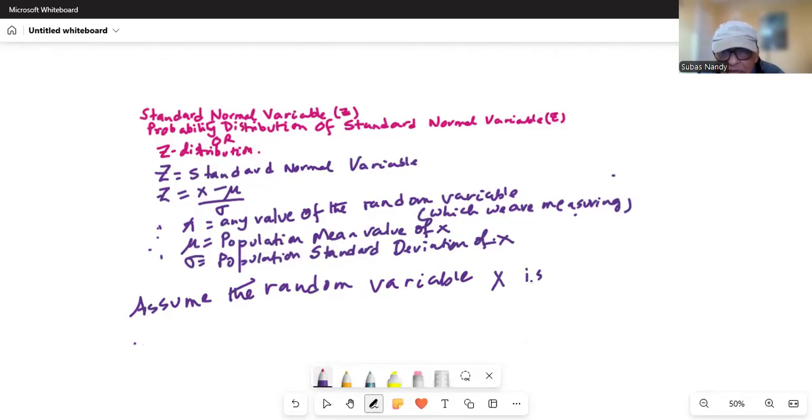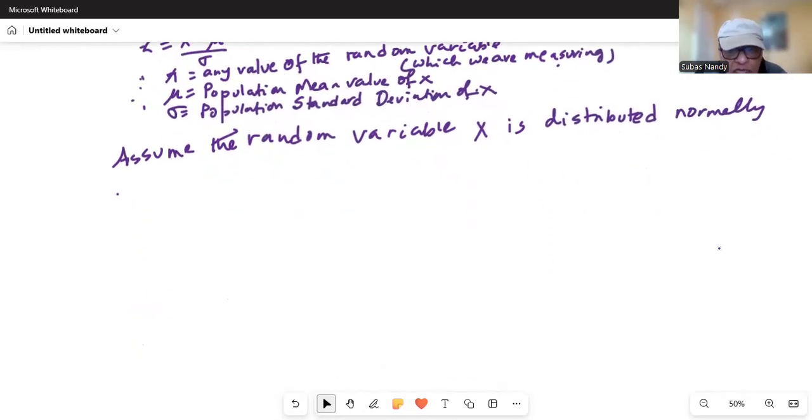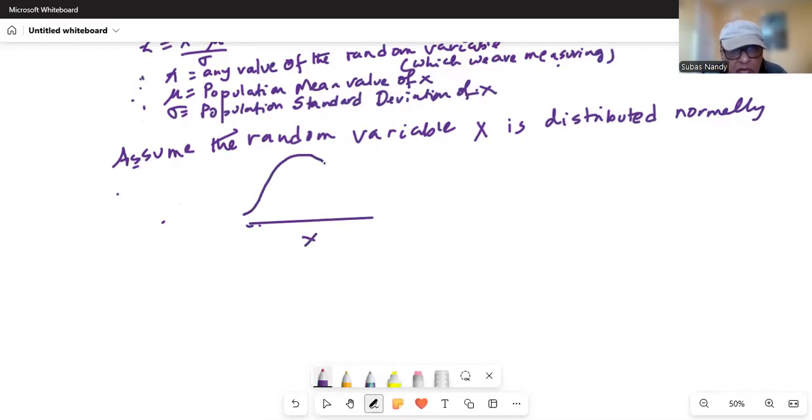X is distributed normally. That means it's a bell-shaped probability distribution, and it can look like this. So let's draw the probability distribution of x. So x on the horizontal axis, and it's a bell-shaped curve.